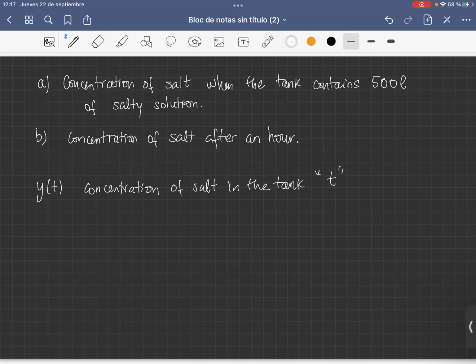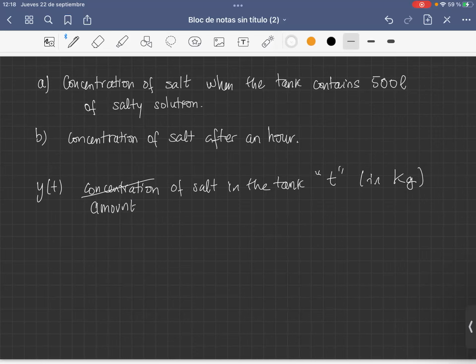Okay, and this is gonna be measured in kilograms. So basically by concentration, I mean the number of kilograms. So the amount of salt, maybe amount is a better way to say it.